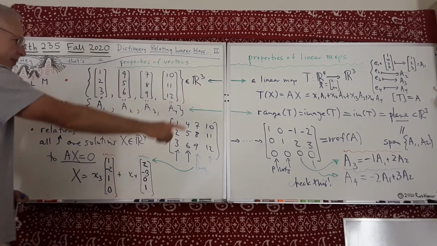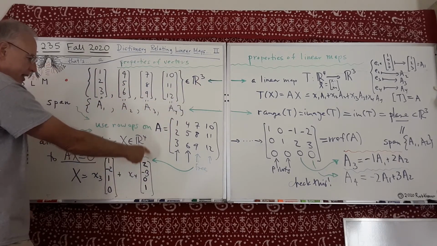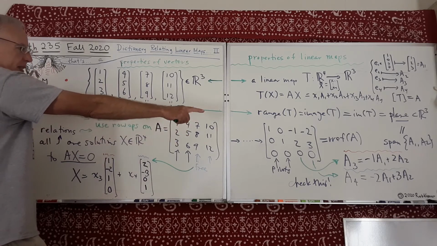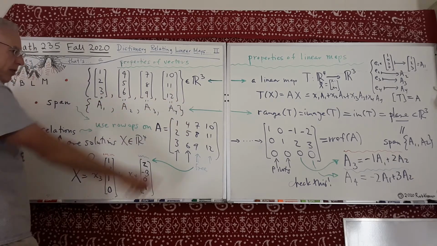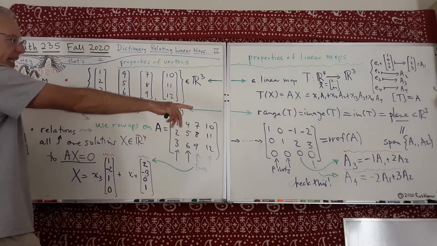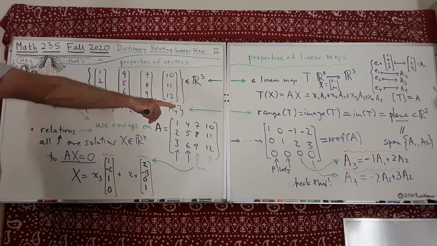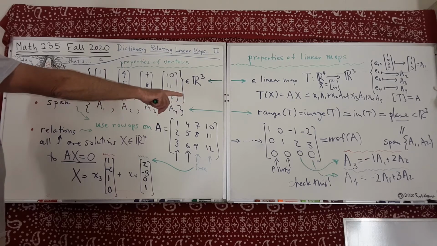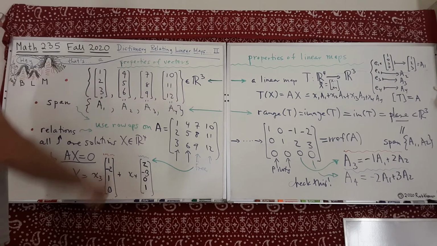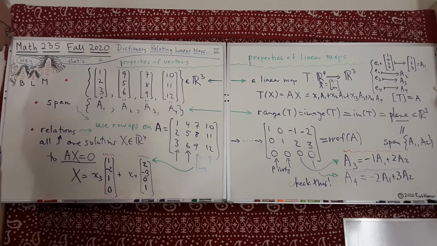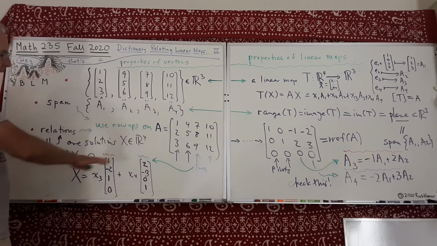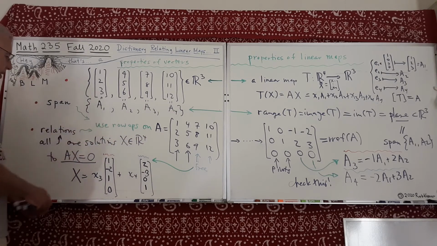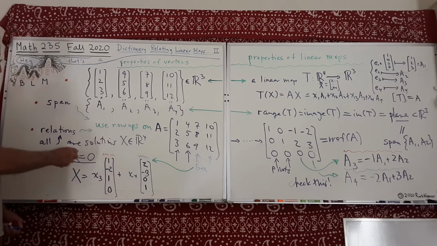This relation says that A4 is minus 2A1 plus 3A2. Or if you make it homogeneous, it says that 2A1 minus 3A2 plus A4 equals 0. Okay, so that's another thing. So all possible linear relations come from looking for the solutions to the homogeneous equation.